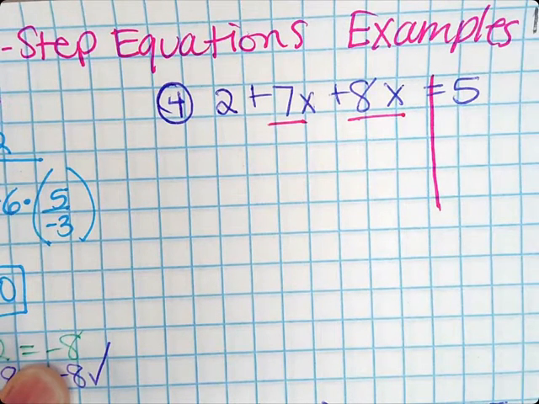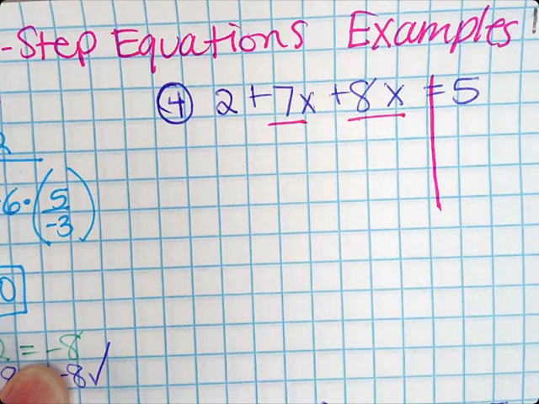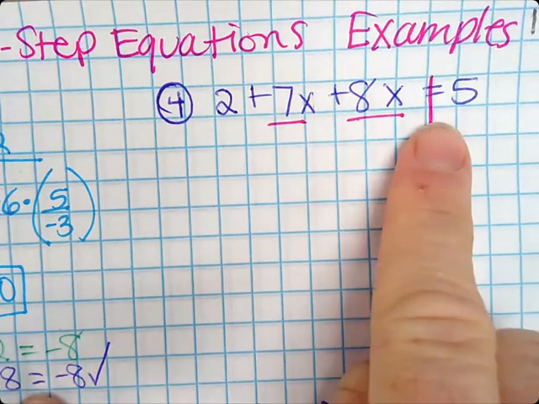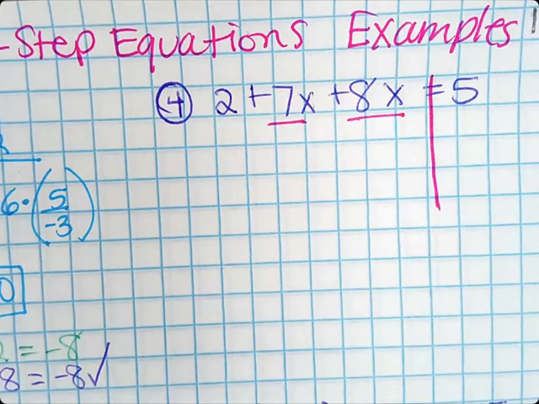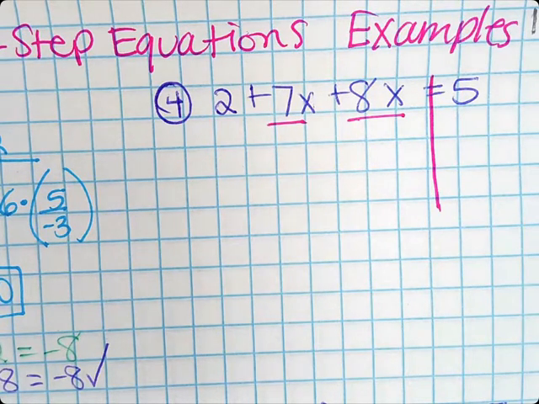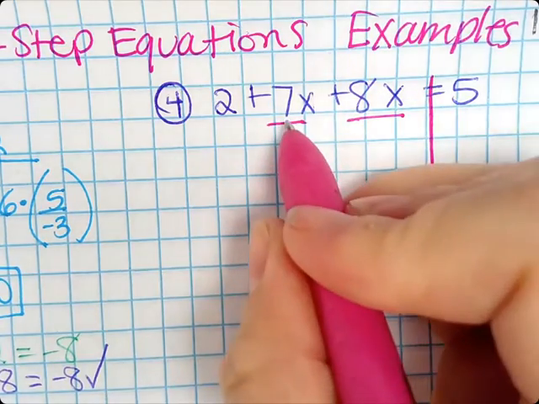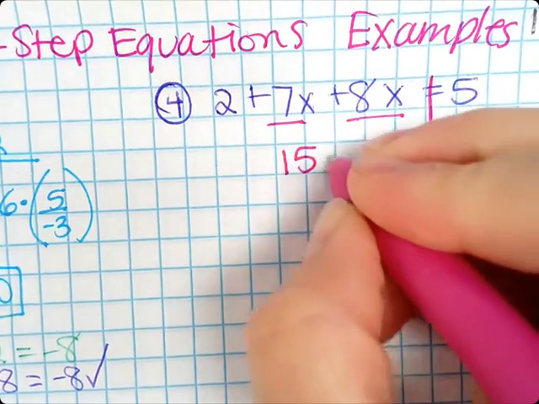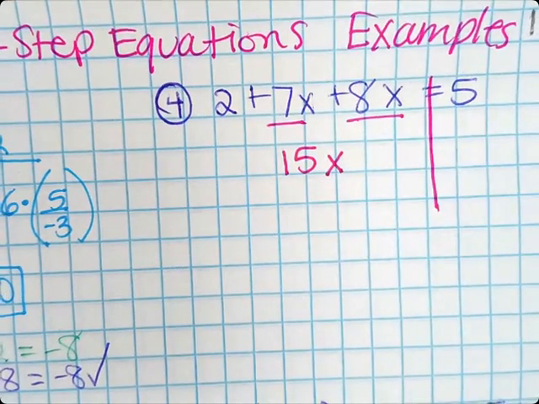Like terms are anything that has the exact same variable or variables and exponents, if there are any. So 7x plus 8x. I'm going to write that first because I like to have my variable first; it just makes it flow better for me. 7 plus 8 is 15, so 15x.